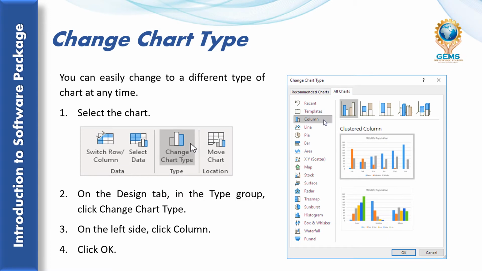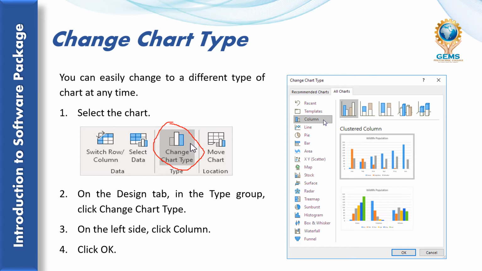Now we will see how to change a chart type. You can easily change to a different type of chart at any time. First you have to select the chart, and you can choose Change Chart Type from the Type group.